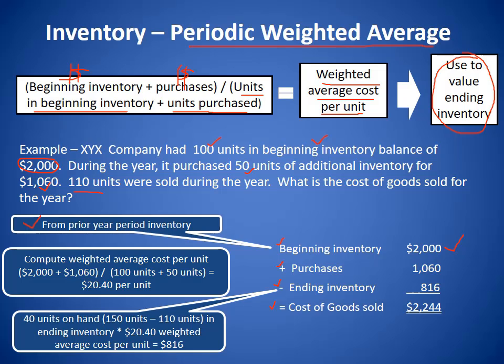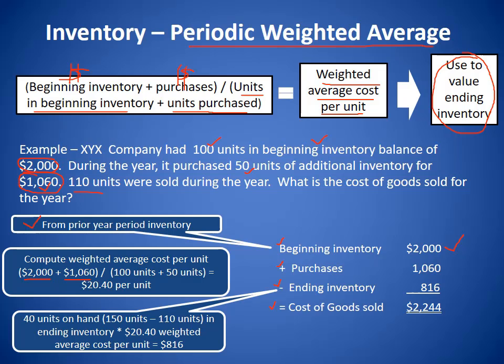Now, during the year, we can compute the weighted average cost per unit, and that's very simple. We take the $2,000 beginning inventory plus the $1,060 that we spent on those additional 50 units.